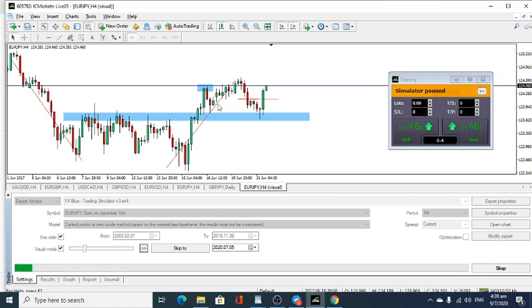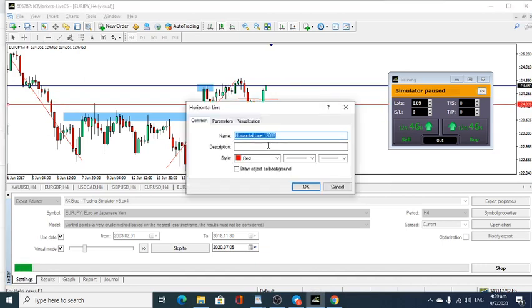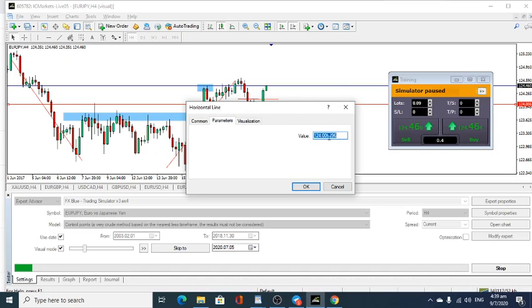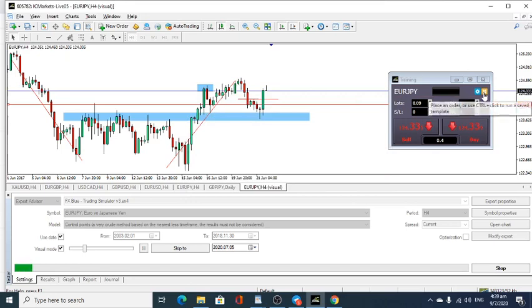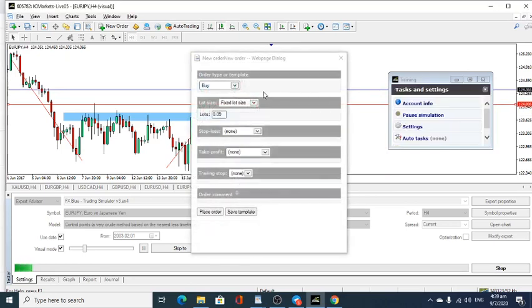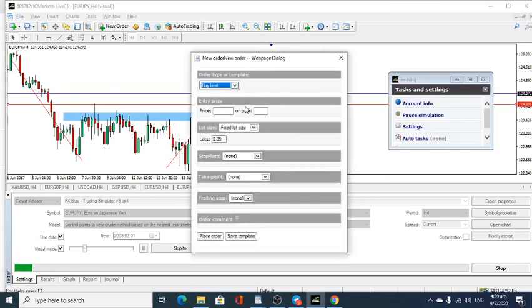So for instance right now, most probably, let's see which one can I check. Okay, I'll just take from here, 124.06, where I can take a buy limit.